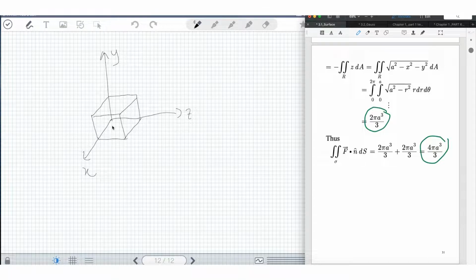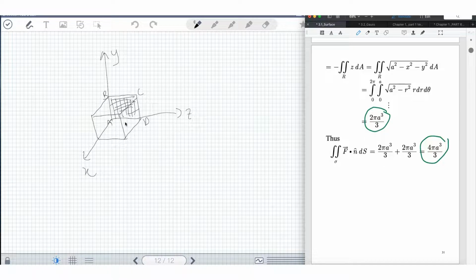Let's say they say compute the surface integral for all of the surfaces of this cube or cuboid except, let's say I give a plane A, B, C, D, except this one.